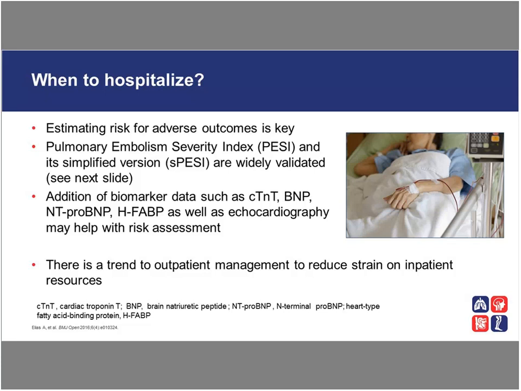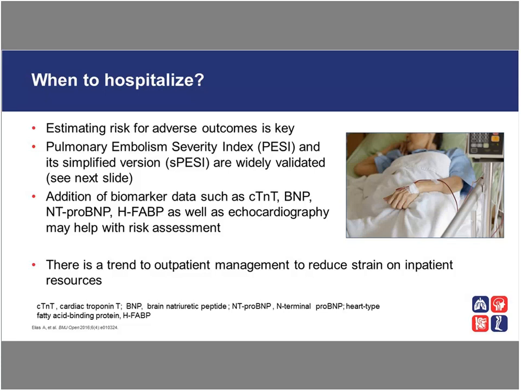First and foremost, it depends on the severity of the pulmonary embolism, and estimating the risk of adverse outcomes is therefore quite important. Although we do not have specific scores or prediction models to help us determine who is safe to discharge home for a cancer patient who has a complication of an acute thrombus, we do have scores that have been developed to determine mortality and adverse outcomes in patients with venous thromboembolism in general.